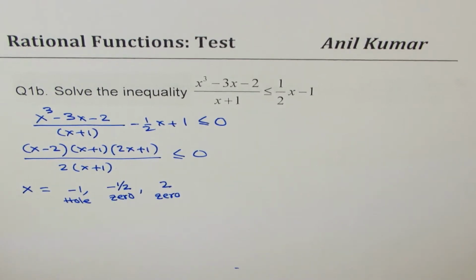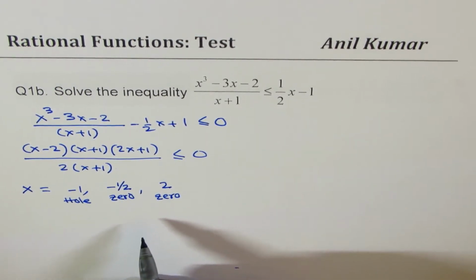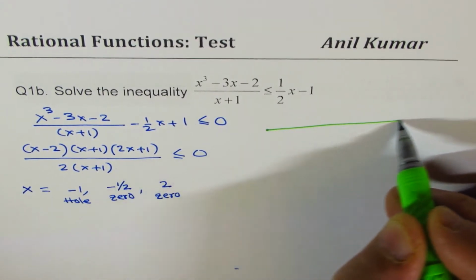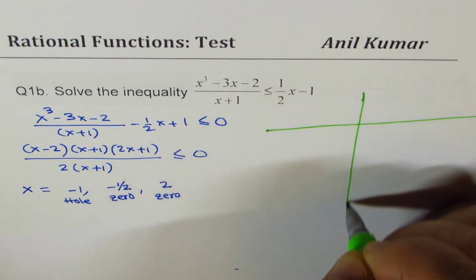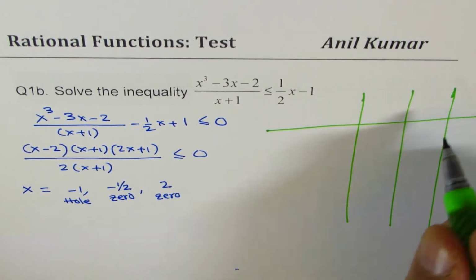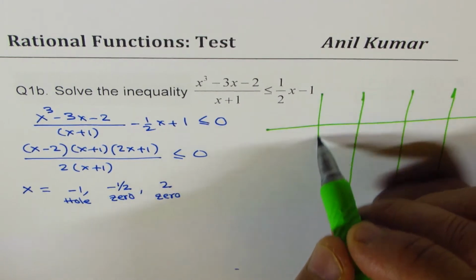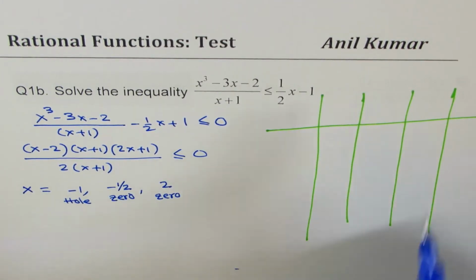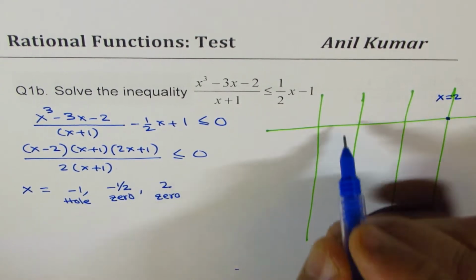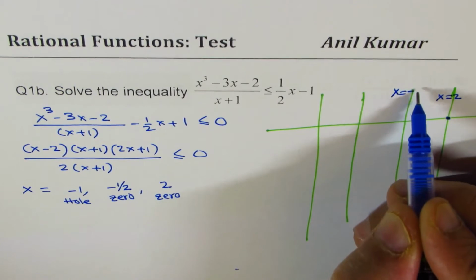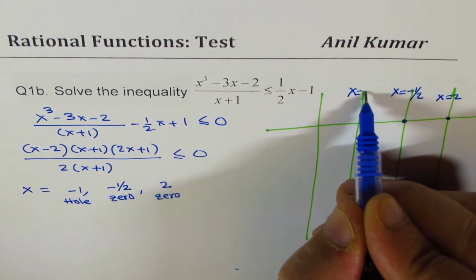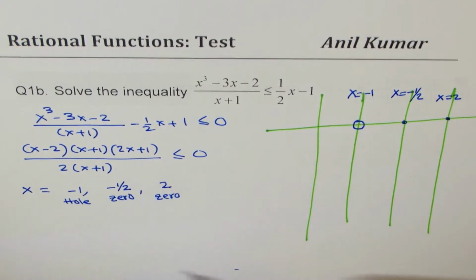So we are going to analyze all these three, and then we'll write down our answer, correct? So let's analyze them here. We have 3 points to analyze. We have x equals 2, which is a 0. Then x equals minus half, which is also a 0. Then x equals minus 1, which is a hole, right?